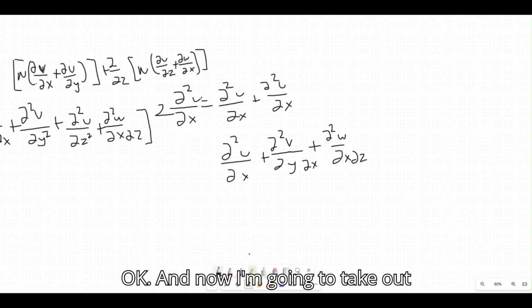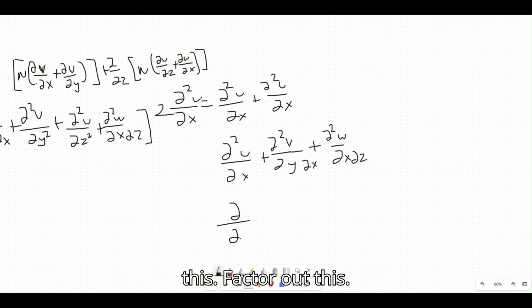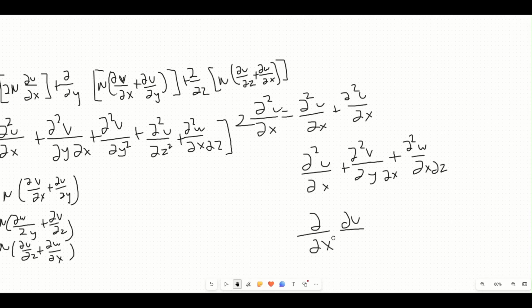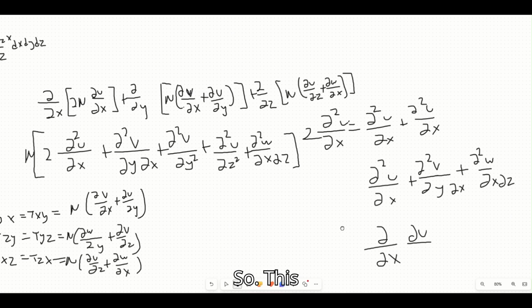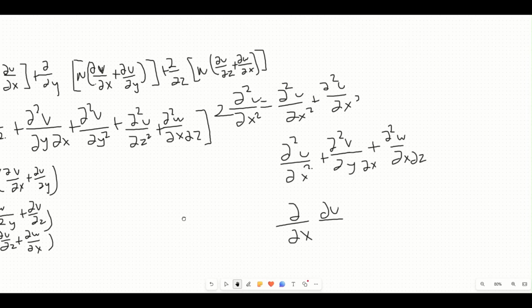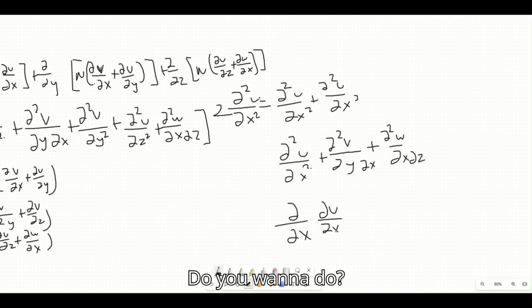Okay, and now I'm going to factor out this, and we'll get, over here we should get du over, sorry, this should be squared. Du over dx, du over dy.